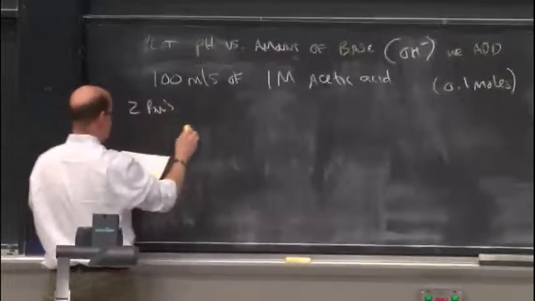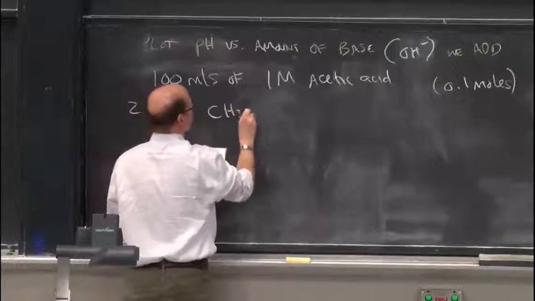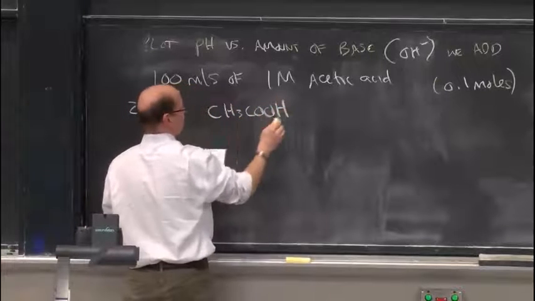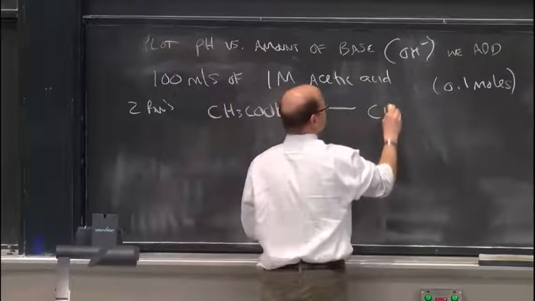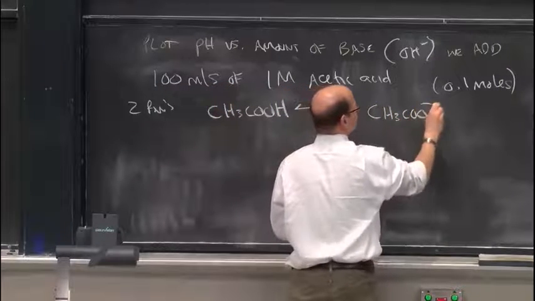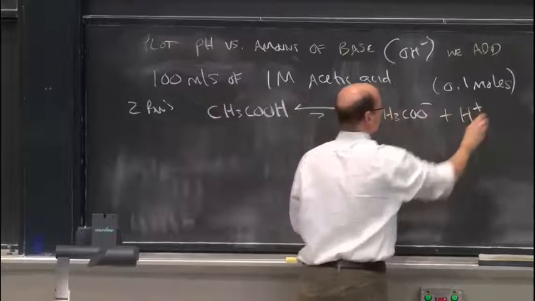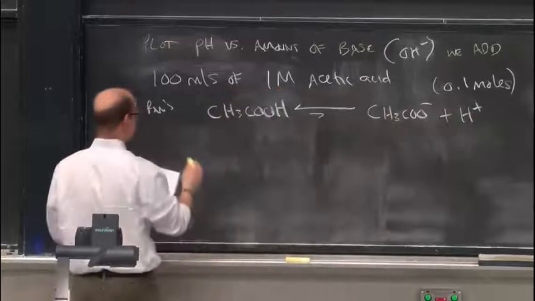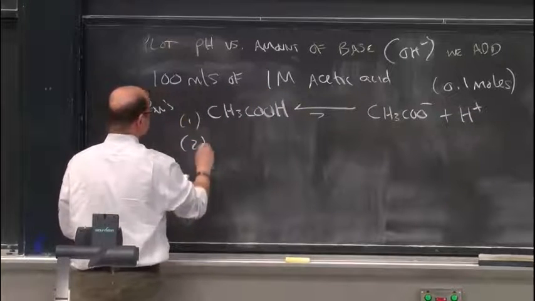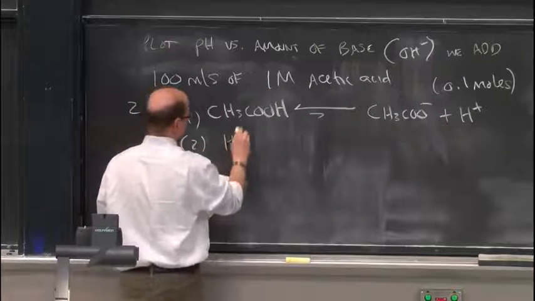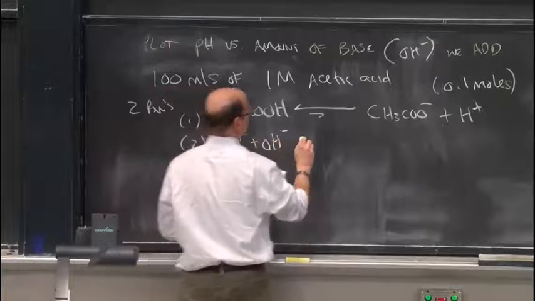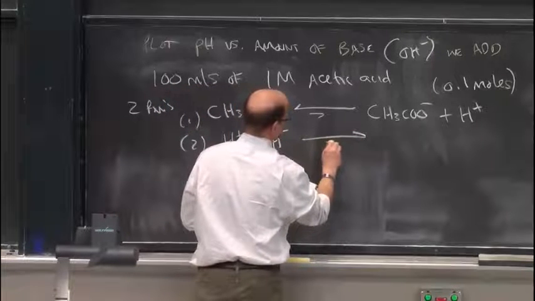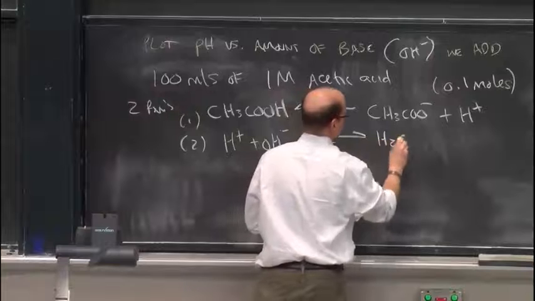The first is the one you know about: the acid dissociates into its conjugate base, the acetate anion, plus a proton. The second is the ion product of water: hydroxide anion plus a proton goes in this direction to give us H2O.